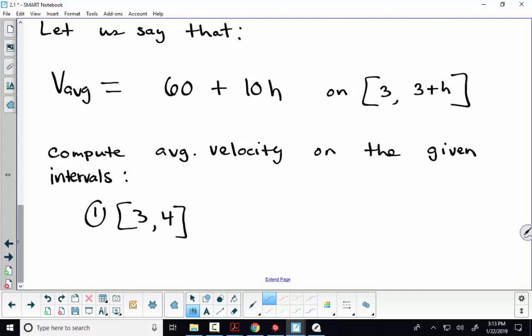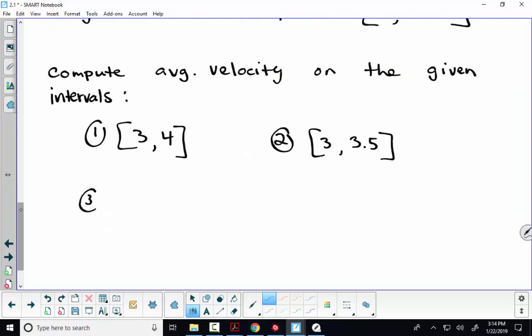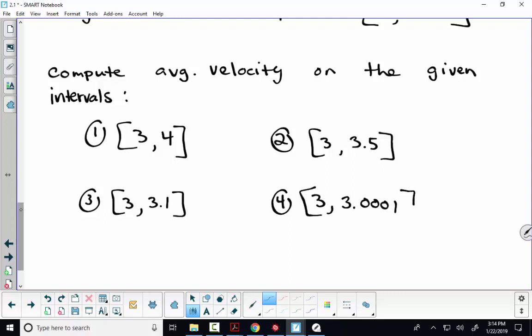The 3 to 4. 3 to 3.5. 3 to 3.1. 3 to 3.0001, etc., etc.